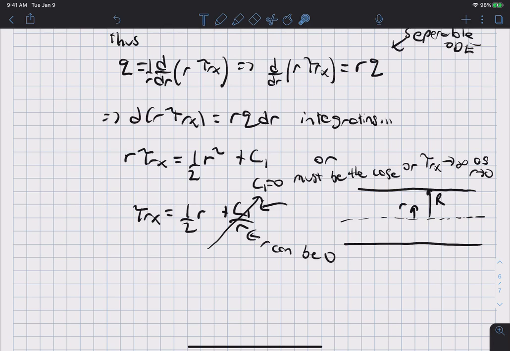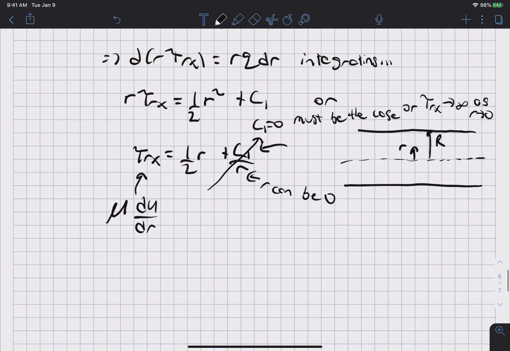Now, it looks like we're sort of done here, but we aren't. Tau is equal to the viscosity times du dr. So we substitute that in, and we have mu du dr equals 1/2 r.